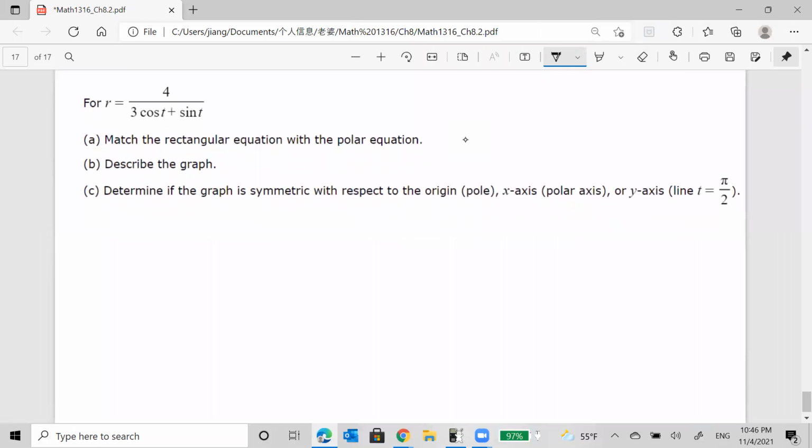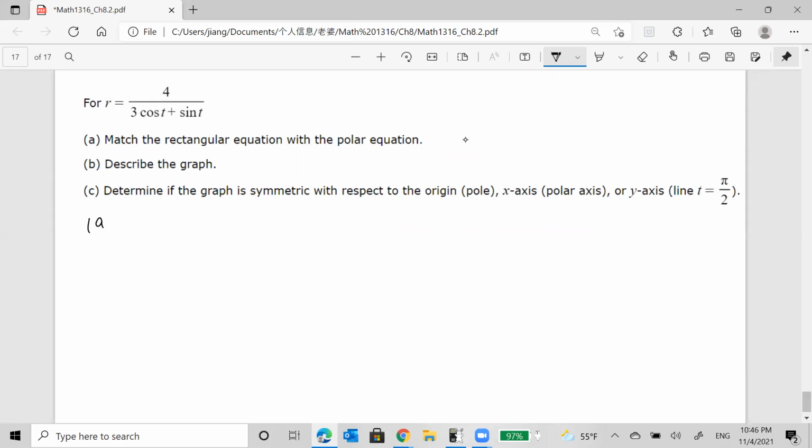This question gave us R equals 4 over 3 cosine t plus sine t. Match the rectangular equation with the polar equation. So how do we match this one to the equation in the polar system?